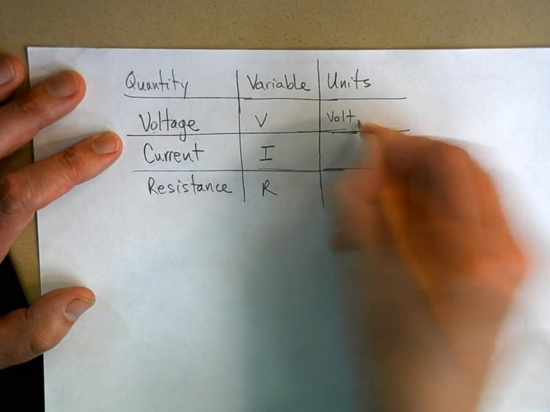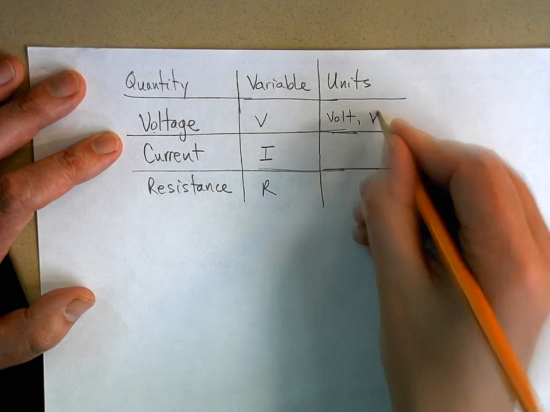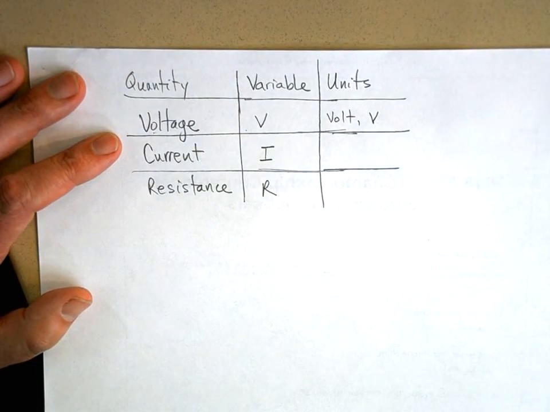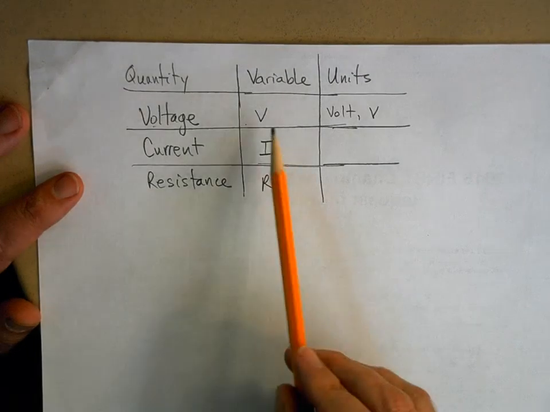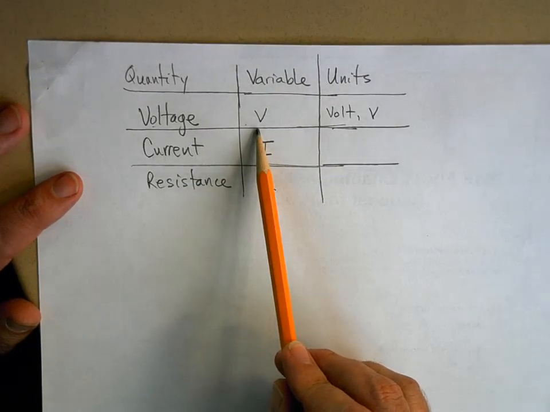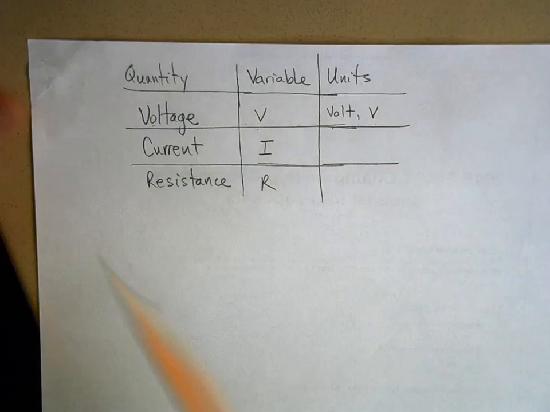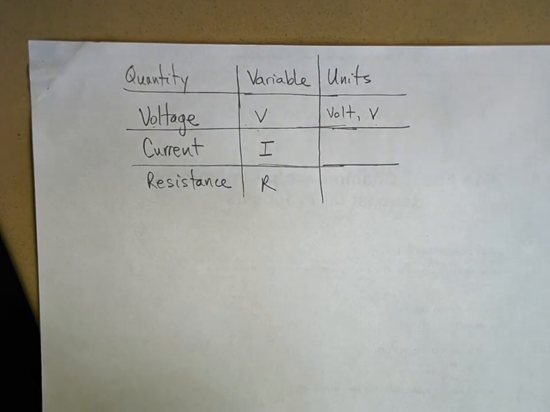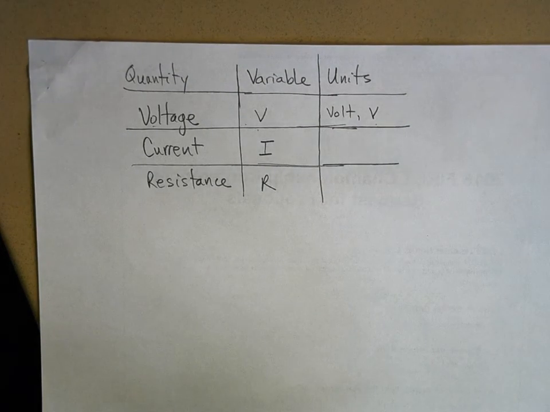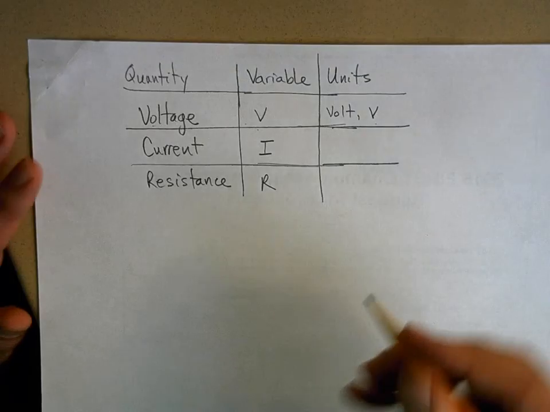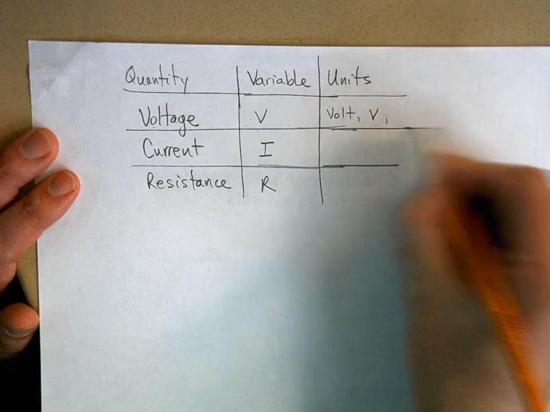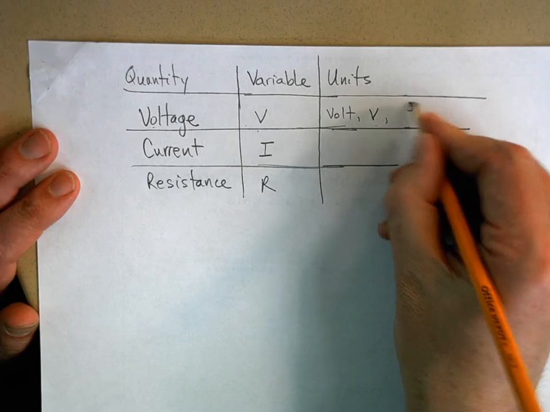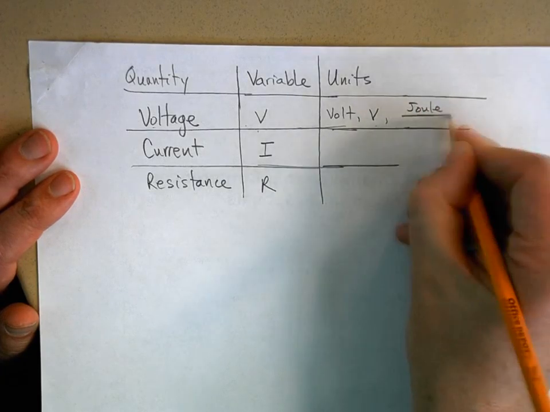It's abbreviated with V. And by the way, voltage is the only quantity I know of where the variable and the unit are the same letter. That's the way it worked out. But what is a volt? The way to think about a volt is a joule of energy per coulomb of charge.